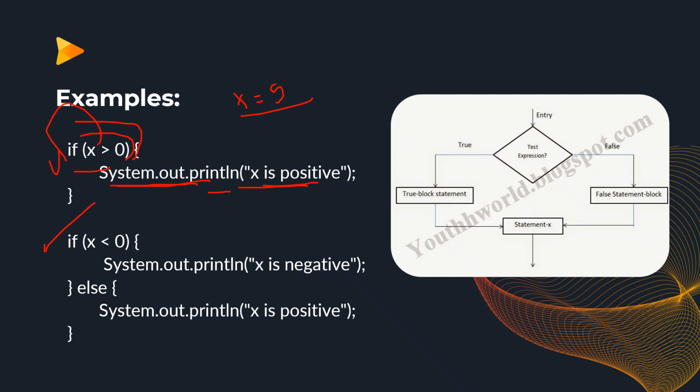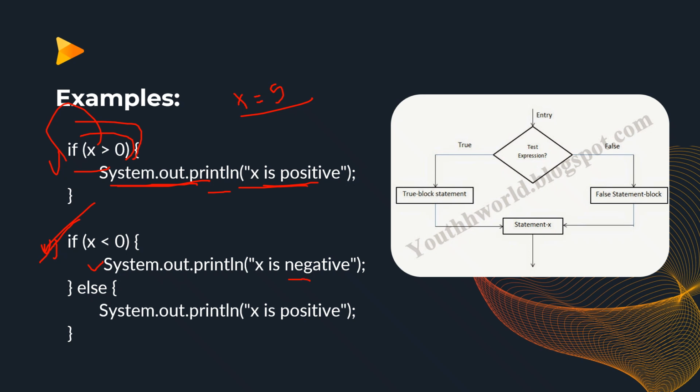Now we have used one more condition, if x is less than 0. When x is less than 0, it will be negative, and we are going to print System.out.println x is negative.